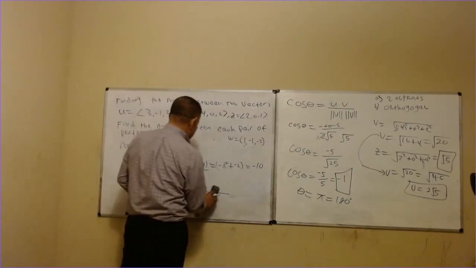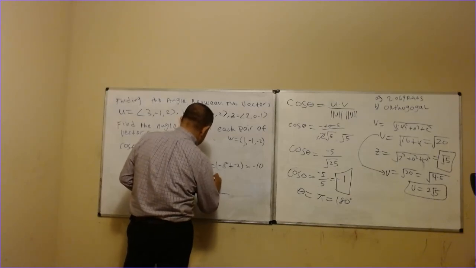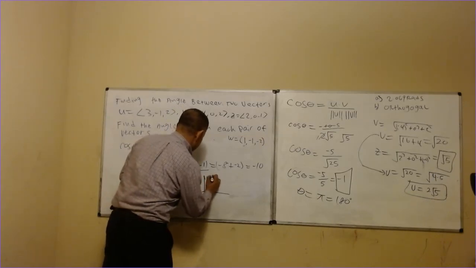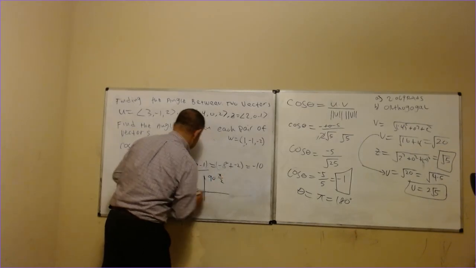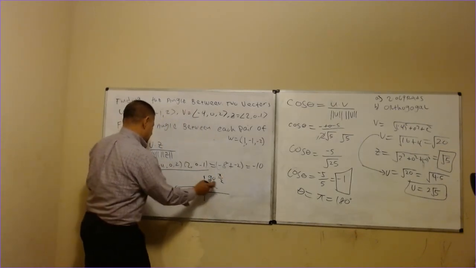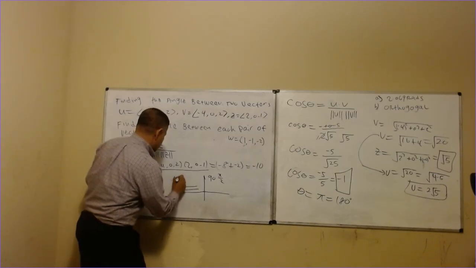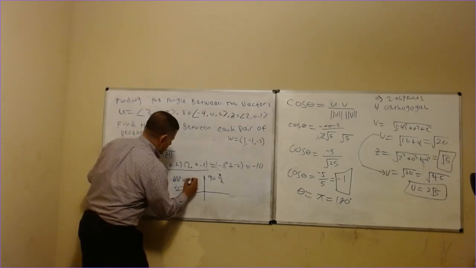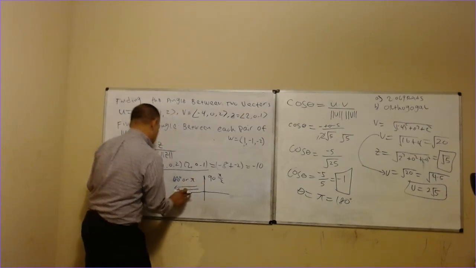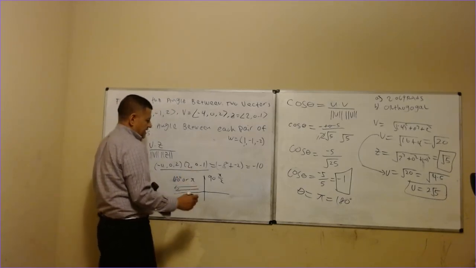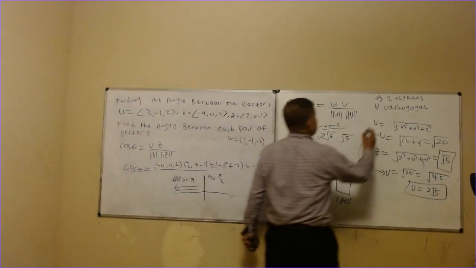Again, this is 90 degrees, or pi over 2, and this over here is just 180 degrees, or pi. So in this case the angle is pi.